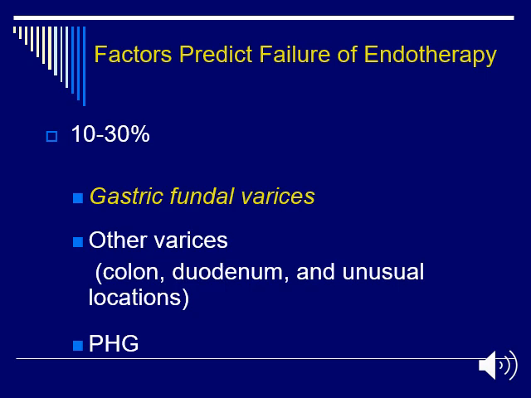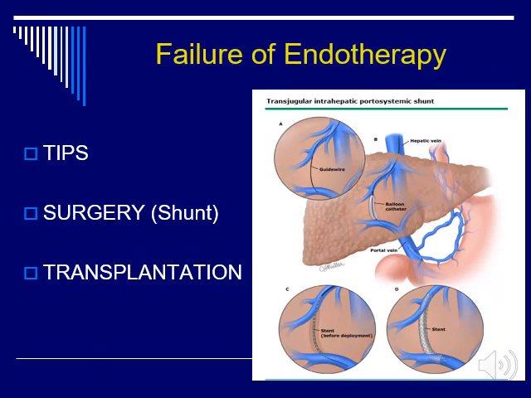It occurs in around 10% of patients. Mostly they have gastric fundal varices or other varices, rarely portal hypertensive gastropathy. If this occurs, then you will go for TIPS or surgery, which should be a shunt or transplantation.